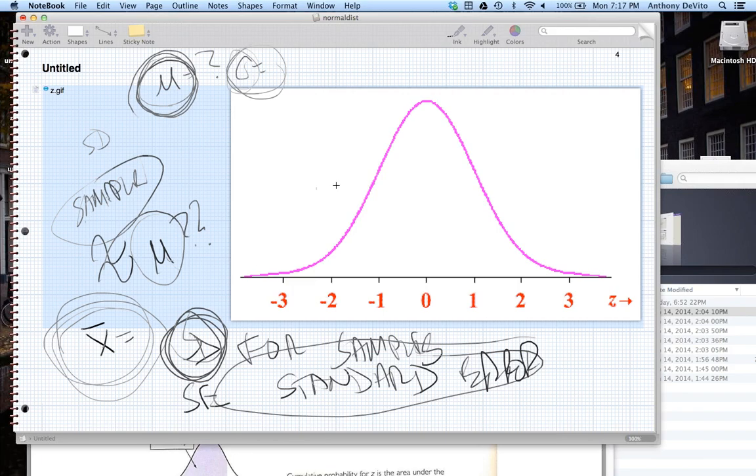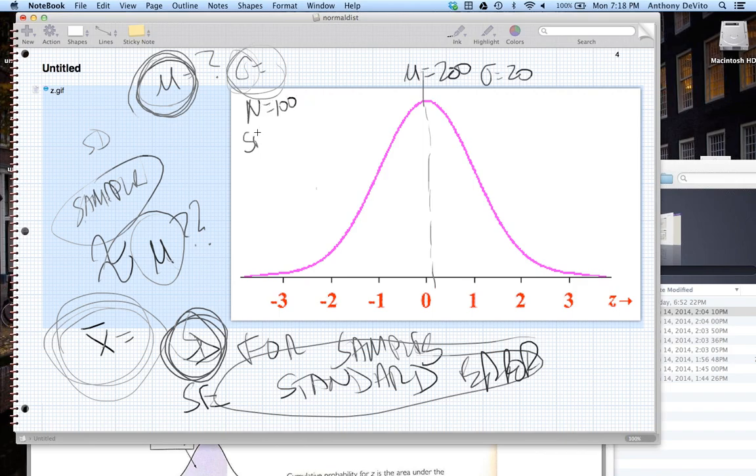Now let's take a look at something interesting about this. Let's say the mean of this population was 200, as I told you before, and the standard deviation sigma is equal to 20. Let's say I'm going to take a sample size of 100.